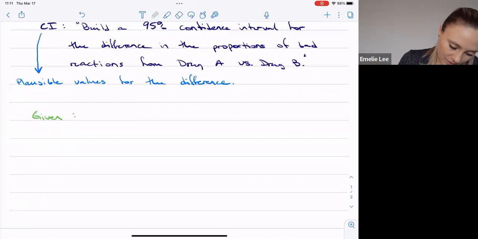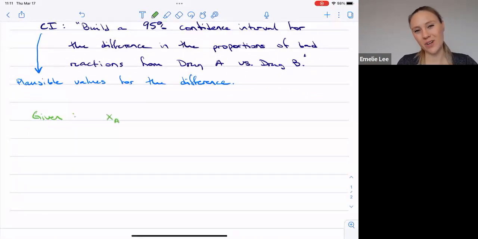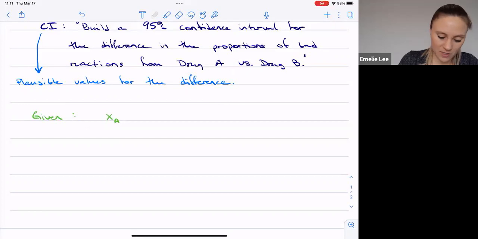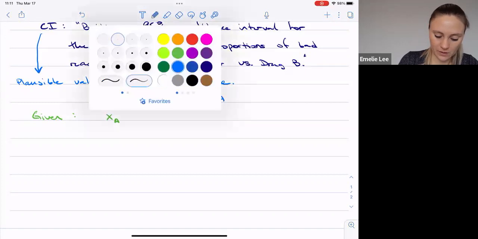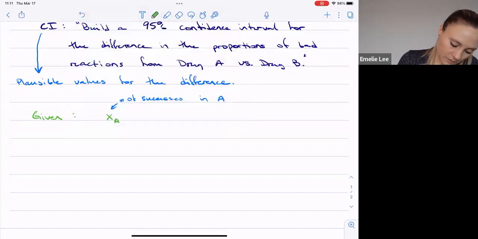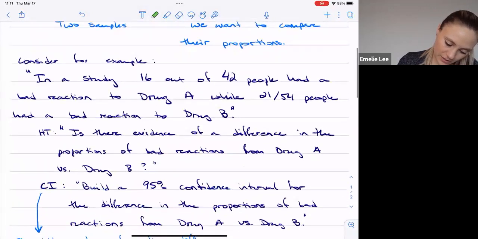So we're given that XA, remember X, we typically use it to denote the number of successes. And so the number of successes in group A was 16, and the sample size of A was 42.